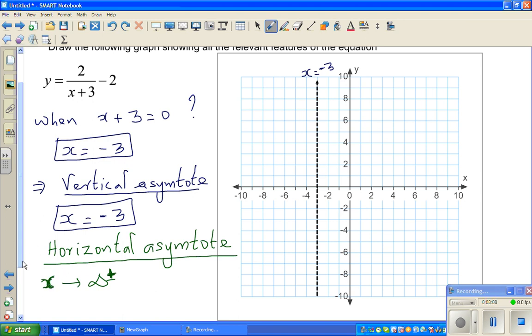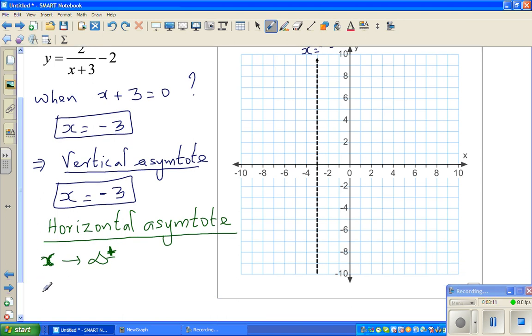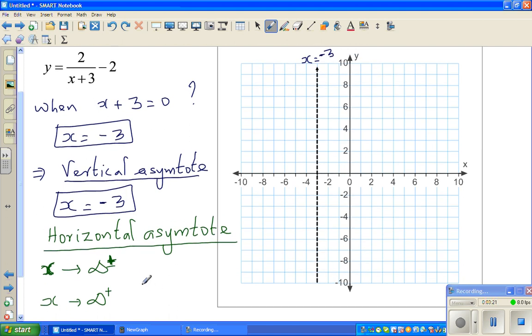Here, what happens when x approaches positive infinity? That means it's a very huge number. So use your logic, put on your thinking cap. Can I write y as 2 over a very huge number, minus 2?